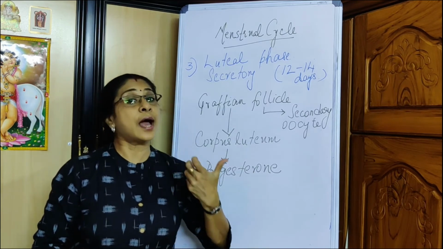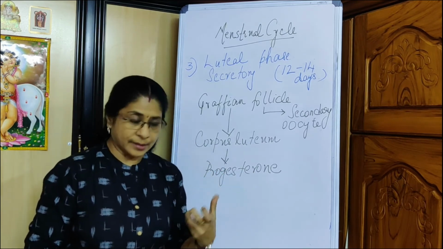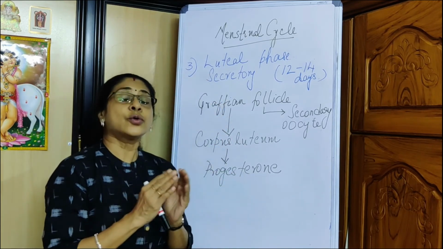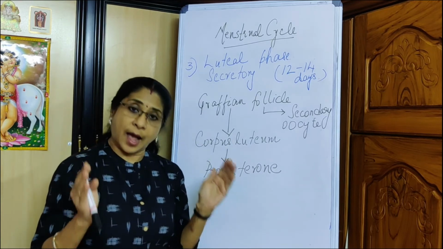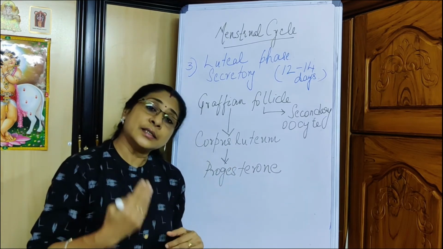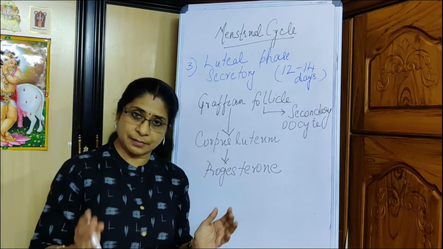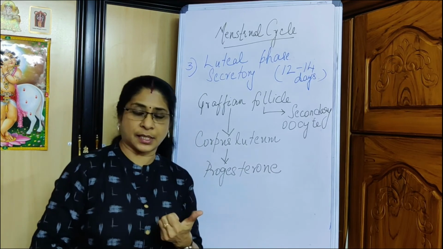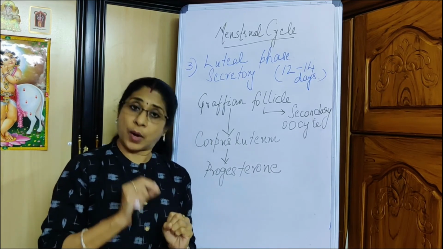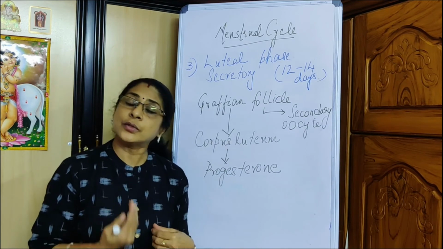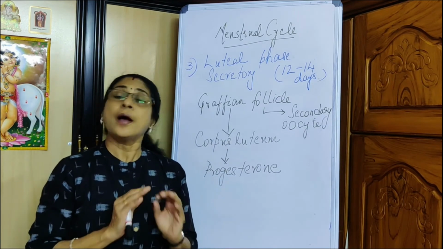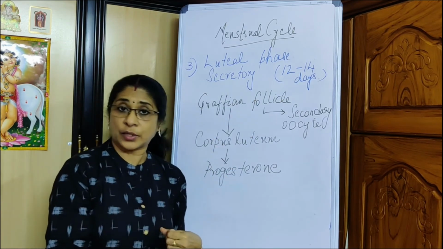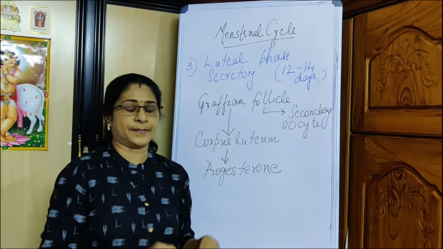If pregnancy had occurred, then the luteal phase is extended to almost 6 months and the progesterone is continuously produced for 6 months, which causes the pregnancy to be maintained. And that is the reason why progesterone is also called the pregnancy hormone. But in normal cases, it lasts only for 12 to 14 days of the menstrual cycle.